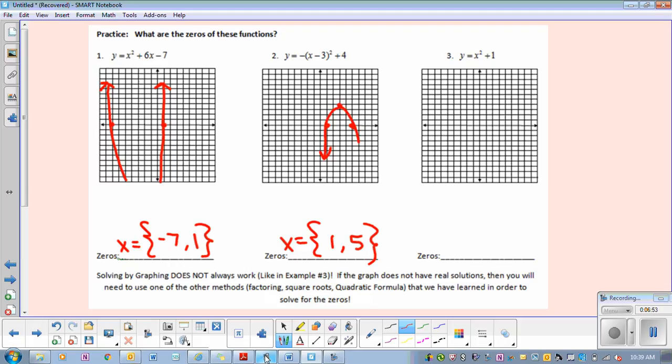So then your graph looks something like this. I also put in my vertex, 3, 4, and then my 2 zeros. That's all I want. Just the 2 zeros and then maybe one more point, the vertex. Okay?